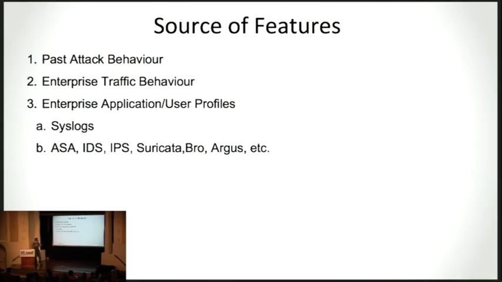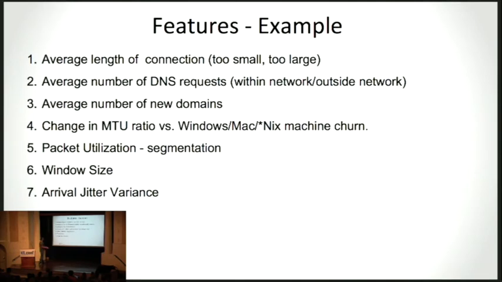Any of this information adds value. Your enterprise traffic, application logs and syslogs and all your IDS. IDS is intrusion detection systems and intrusion prevention systems, and those kinds of things help you a lot in modeling this. Some of the features, just to give you an idea of the kind of features that we work with.